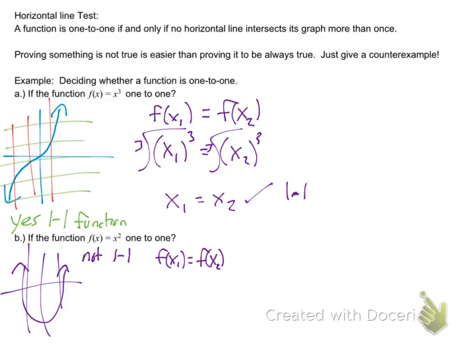That means that x1 and x2 might not be the same number. Because, wait a minute, that means this would have to equal this, right? But here's the thing. When you square values, what happens?